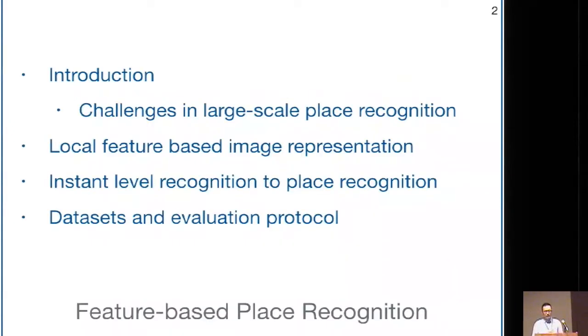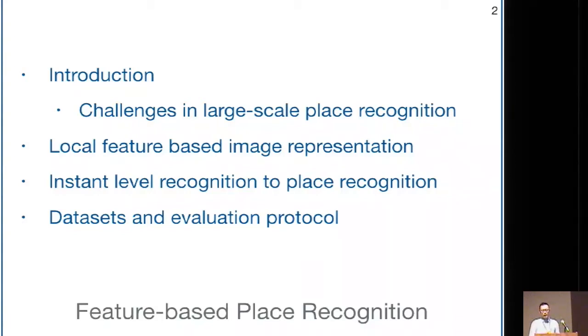So this is the table of contents of this talk. I will first talk about the goal of visual place recognition in the introduction and discuss what the challenges are. Next, we review the local feature-based image representation, which is commonly used in the place recognition problem.